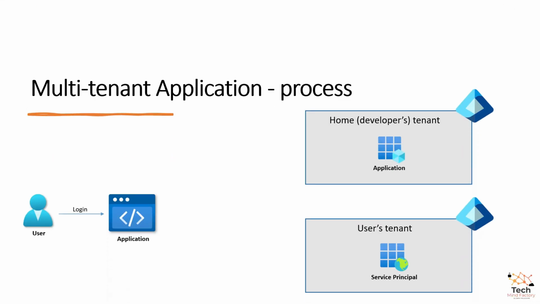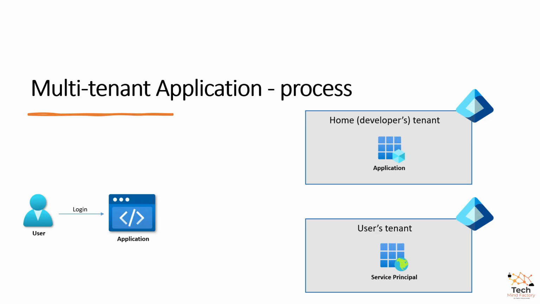All right, so moving forward, let's look at the multi-tenant application process. So we have the user, and the user is trying to authenticate and access the application, right? On the right side, we have two tenants. Home, the developer's tenant. This is basically the Microsoft Entra ID tenant where the developer defined the application. Okay, so this is where we have our app registration created in this developer's Entra tenant.